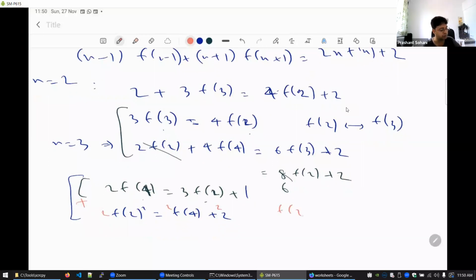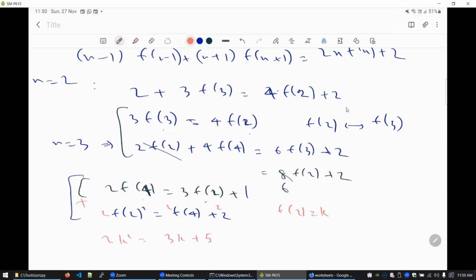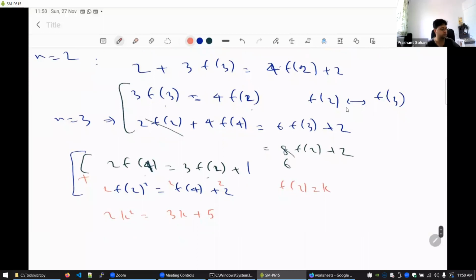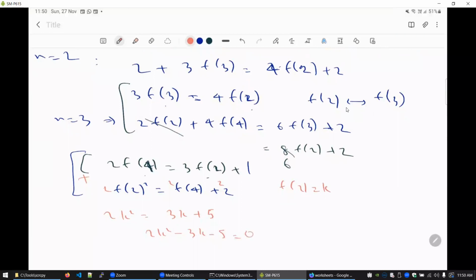So let's say f of 2 is equal to k. So the equation becomes 2k squared is equal to 3k plus 5. So we get 2k and k.